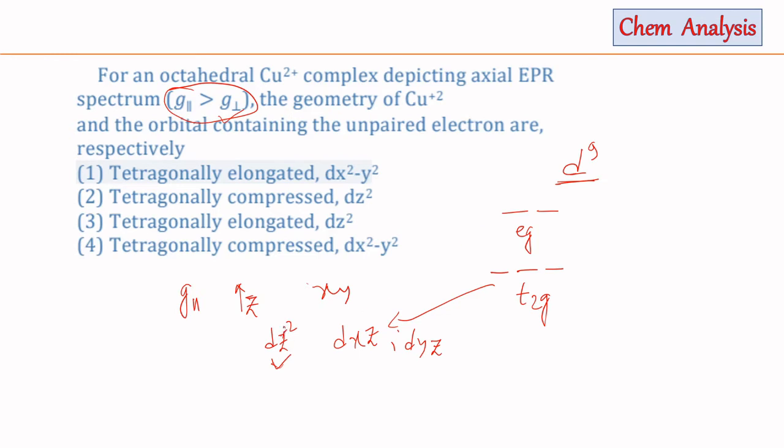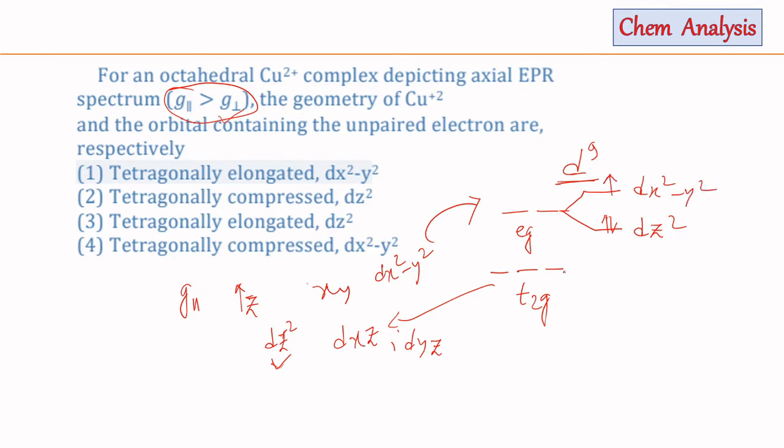Therefore, in dz square orbital there will be 2 electrons and the unpaired electron goes to dx square minus y square orbital. Since in eg there is dz square and dx square minus y square, the orbital will be split like this. Here will be dz square that will contain the paired electron, and here will be dx square minus y square that will contain the unpaired electron.